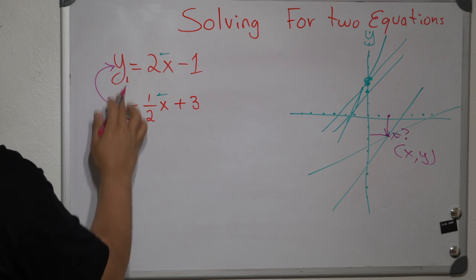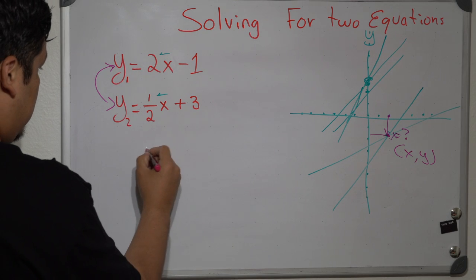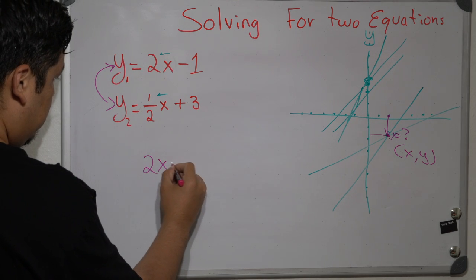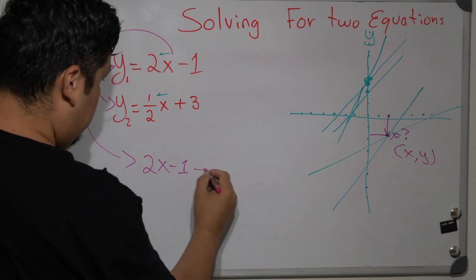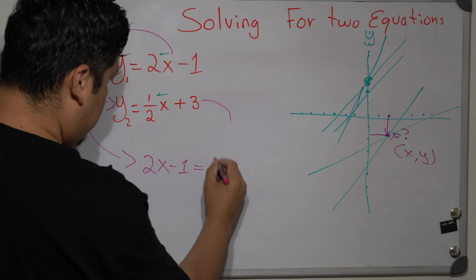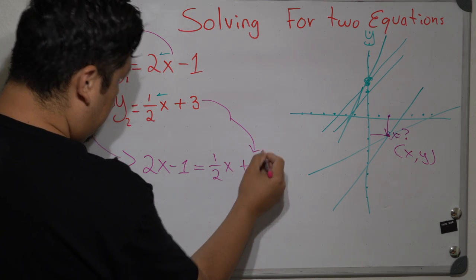So y1 and y2 are the same, right? Because of the graphical explanation. Therefore, I can have 2x minus 1, which is this graph here, equal to this graph here, which is 1/2 x plus 3. That's what I'm doing here.